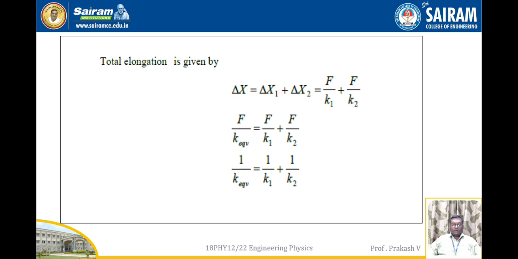So the above equation can be rewritten as F by K equivalent is equal to F by K1 plus F by K2. Further, F cancels throughout. So the above equation can be written as 1 by K equivalent is equal to 1 by K1 plus 1 by K2. This is the expression for force constant in series combination.